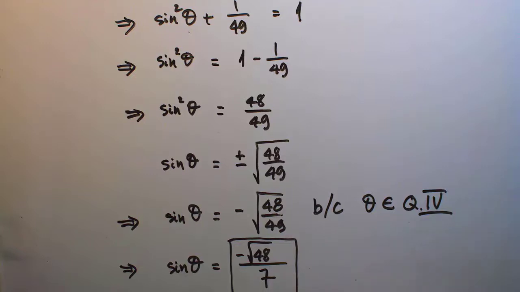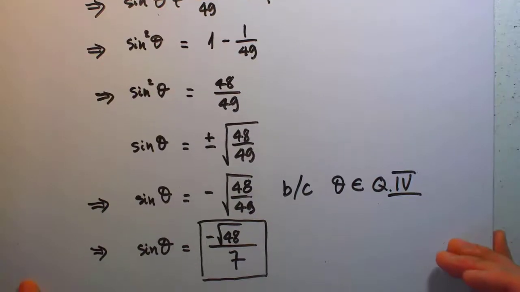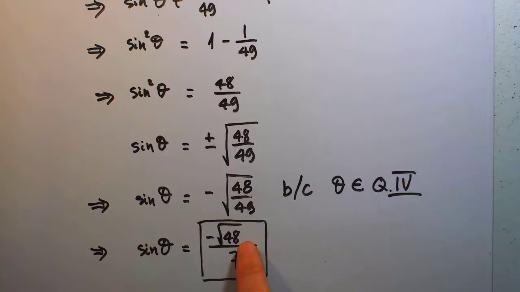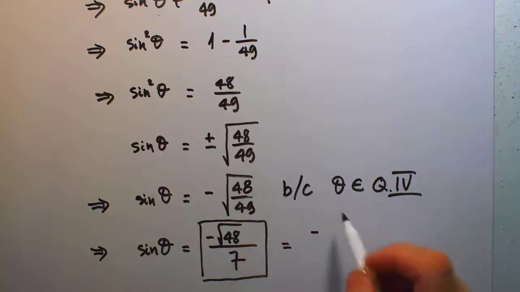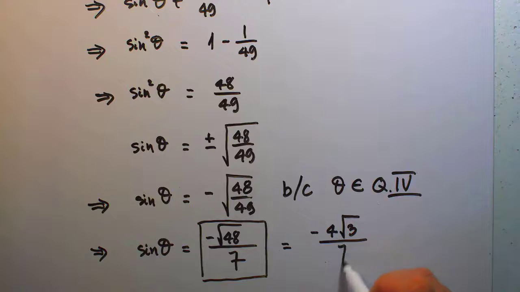And in case you remember, square root of 48 can also be reduced further, so negative 4 square root 3 over 7.